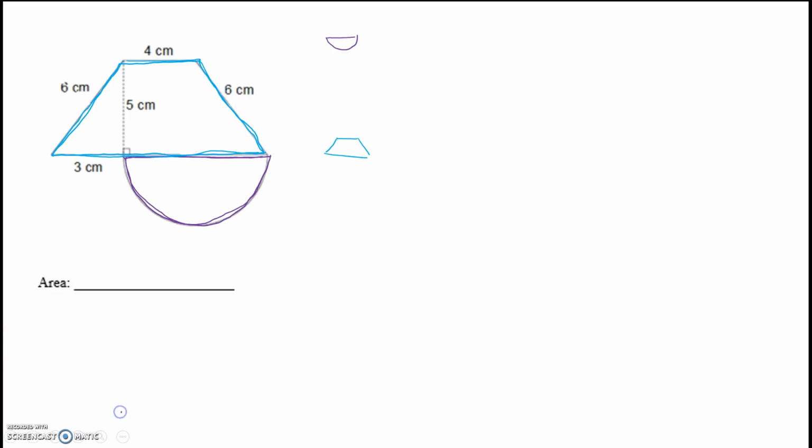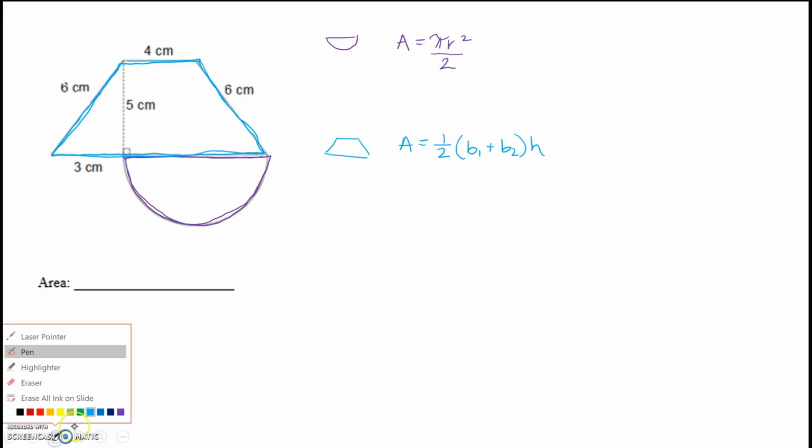So with my semicircle, right, I'm using the formula for area of a circle. So area equals pi r squared, but we're cutting the circle in half, right, because it's a semicircle. And then if you write the formula for your trapezoid, you have area equals 1/2 base 1 plus base 2 times height.